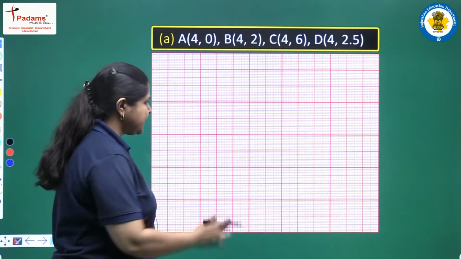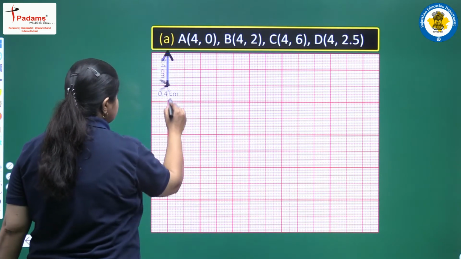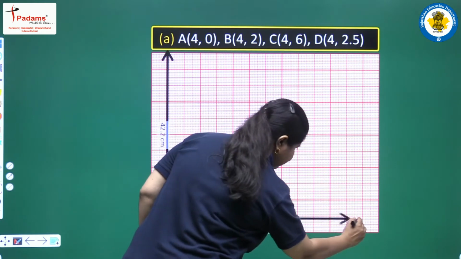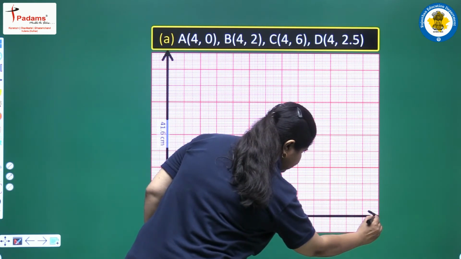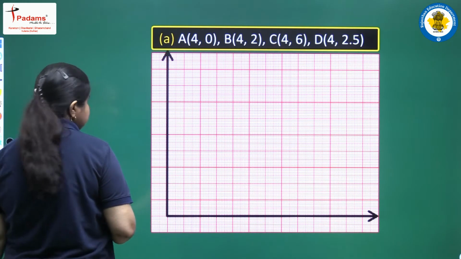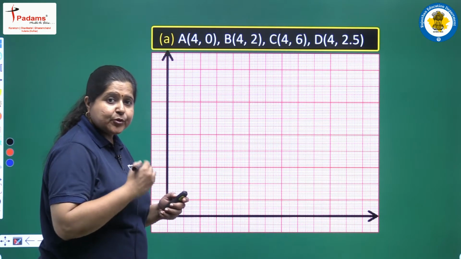First we take a graph paper here, and for this first we need to draw the x axis and the y axis. We draw the two axes here in this way. Next we need to write the numbers. Now to write the numbers we need to choose a scale and it is up to us.